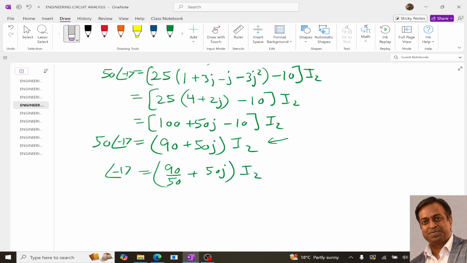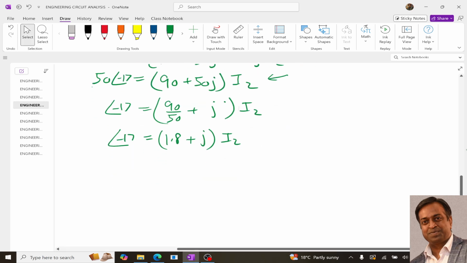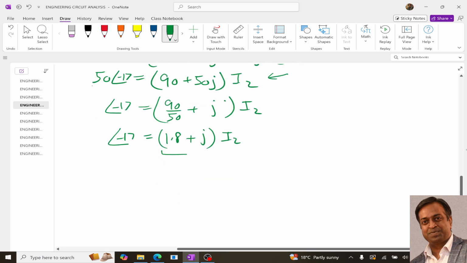And this 90 by 50 can be replaced with 1.8 plus, sorry, not 50j, it will be only j. It will be only j plus j I2. So we can convert this into the polar form.